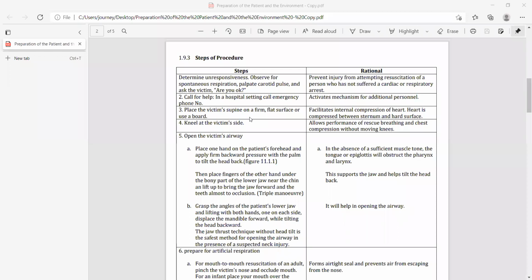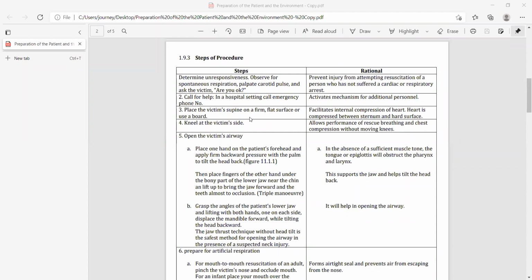There are how many sites of taking pulse? Nine. Okay, out of nine, why do we need to choose this? Why is it written here, palpate carotid pulse? It could also have been written other pulses, brachial pulse, radial pulse. Why have I written carotid pulse here?